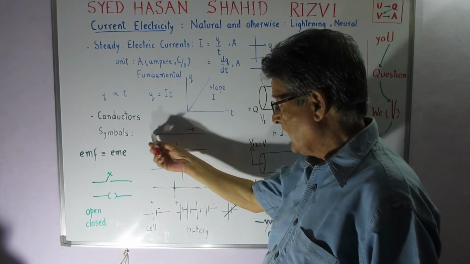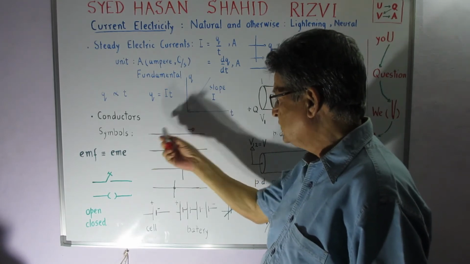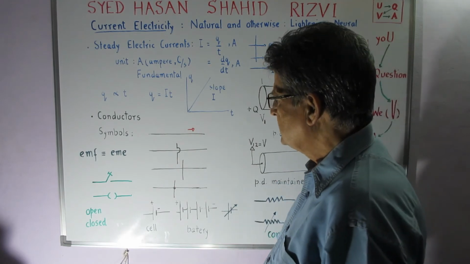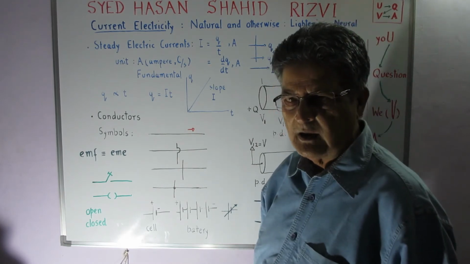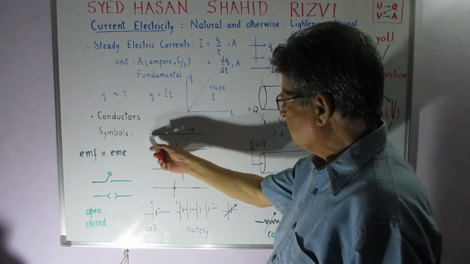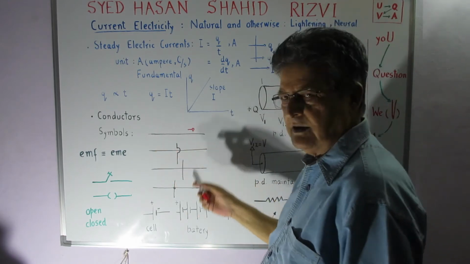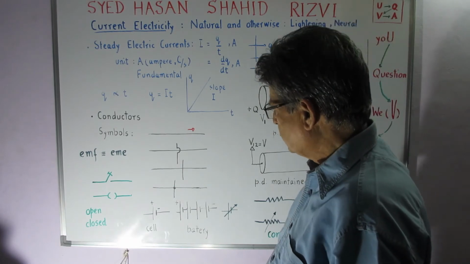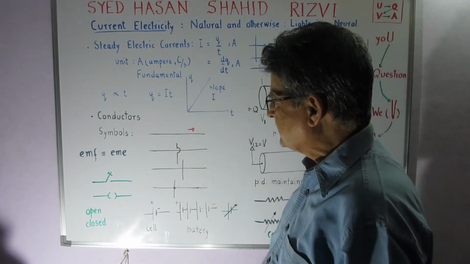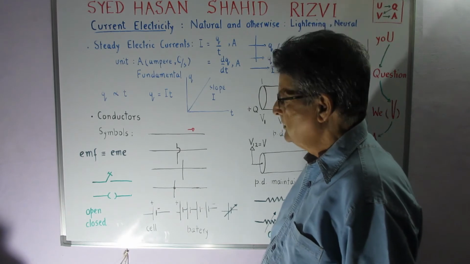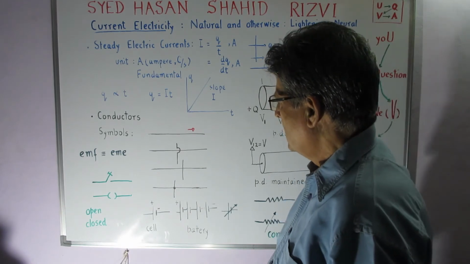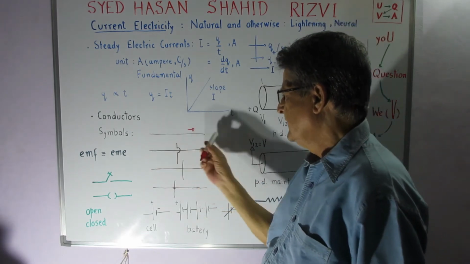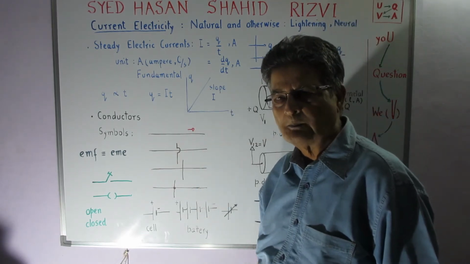But we understand that the potential on each and every point on this line is the same, because the resistance offered by this line, which we use for connecting things in the circuits, is negligibly small.